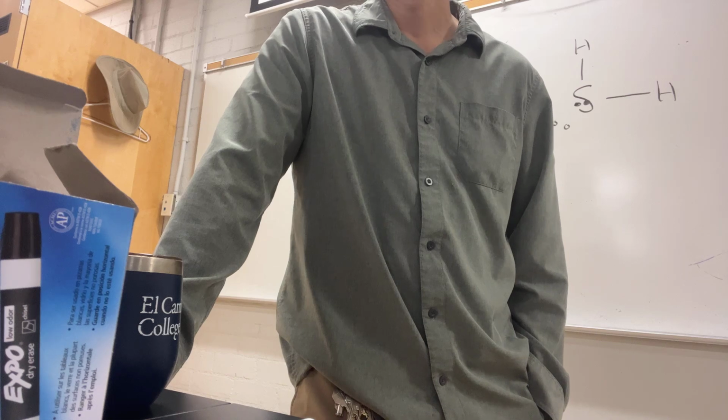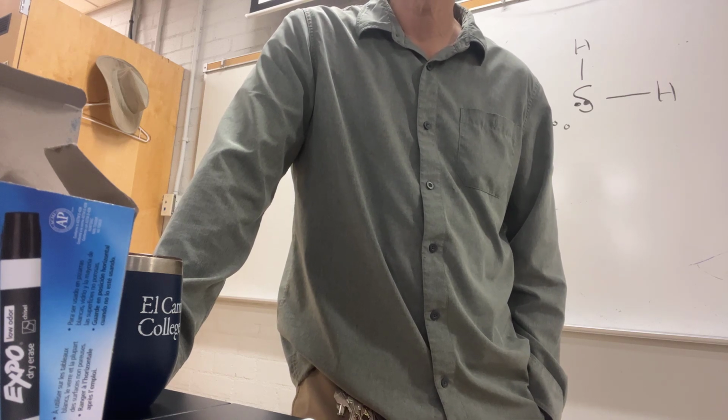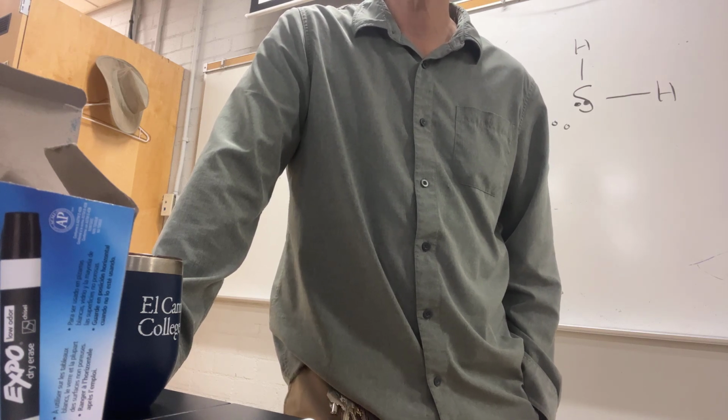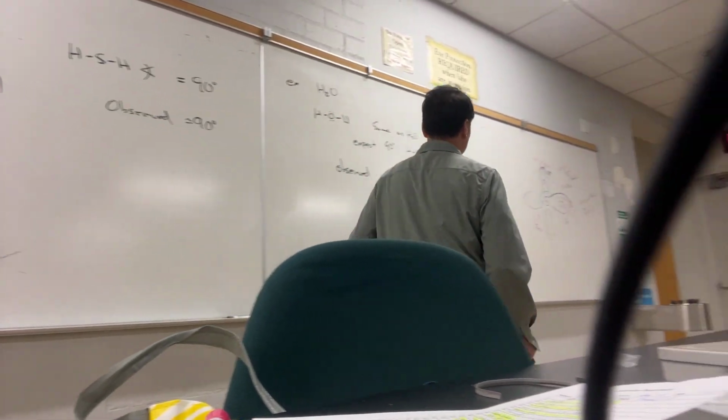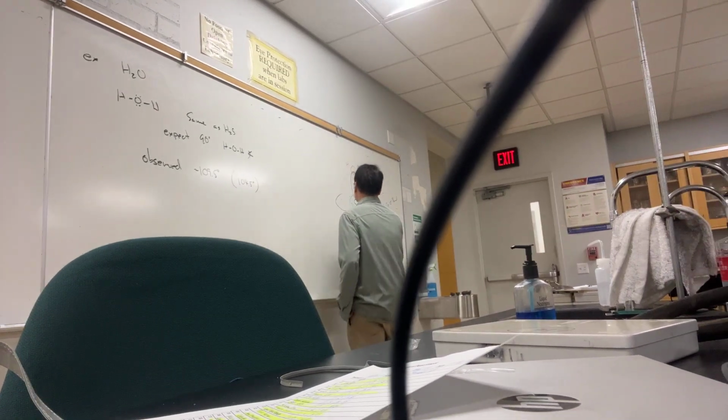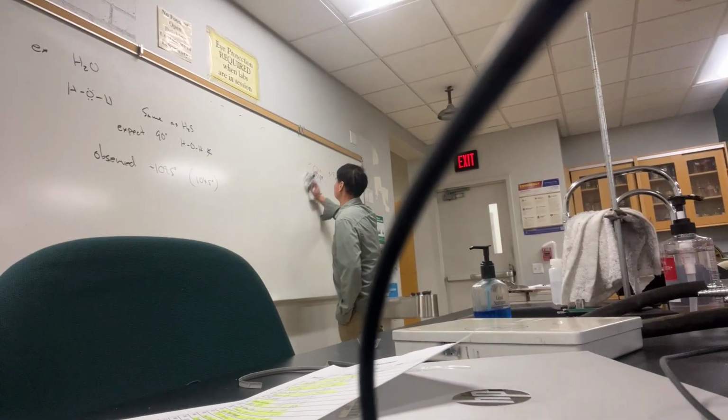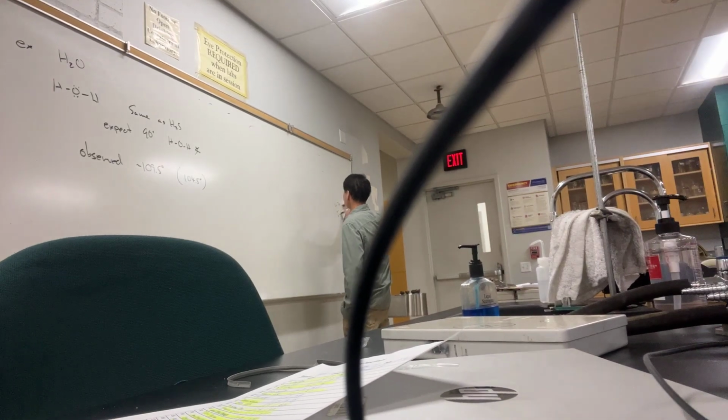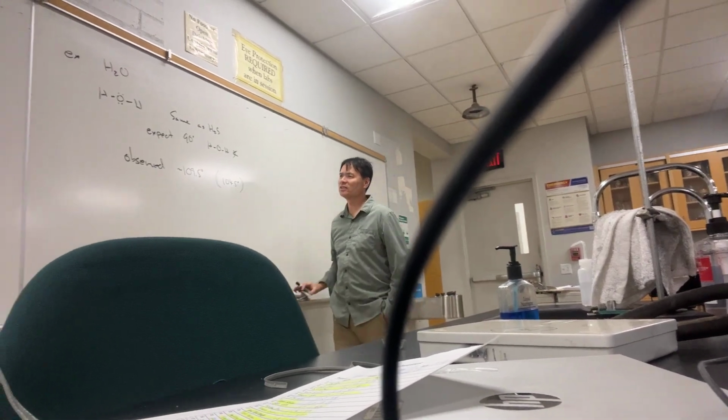Well, we're going to say that we can't make H2O using the same orbitals that we did for H2S. And so we have to introduce some new orbitals that we're going to use. These new orbitals are going to be called hybrid orbitals.